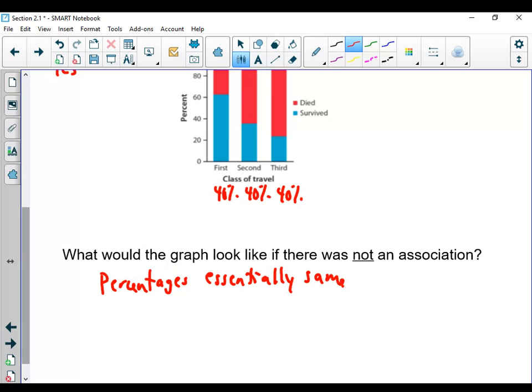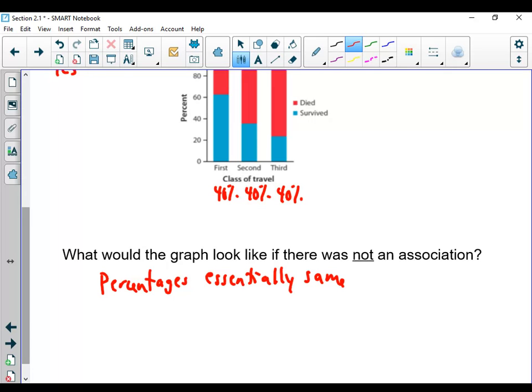Now, that doesn't mean they all have to be 50-50. They just all have to match, in this case, as far as the survivors. But any variation from being the same tells me there is an association between these two. Did you have something you wanted to say?